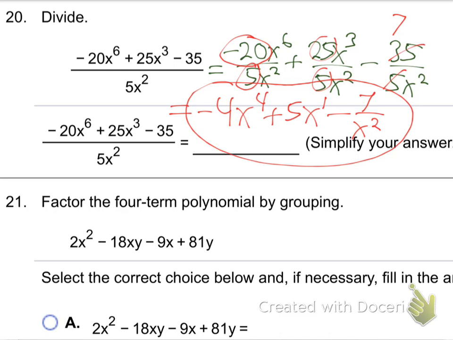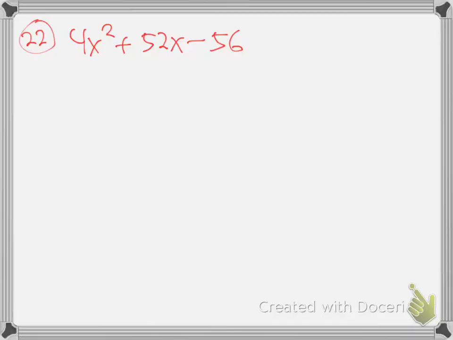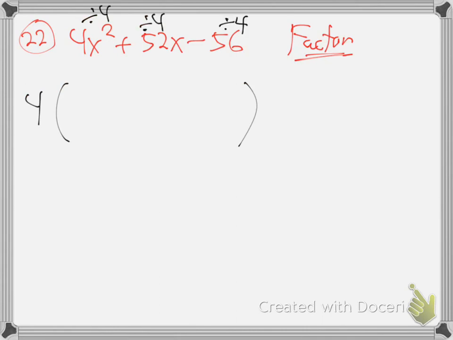Don't let them. All right, let's try the factor. They want you to factor. Okay, so 4 in parentheses. Then you just divide them all by 4. Divide by 4, divide by 4, divide by 4. That's it. x squared plus 13x minus, is it 14?